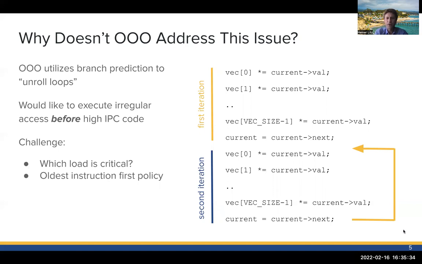So if we want to address this issue, we need to come up with a mechanism that guarantees that this linked list traversal or irregular memory access is executed before the compute-intensive kernel.